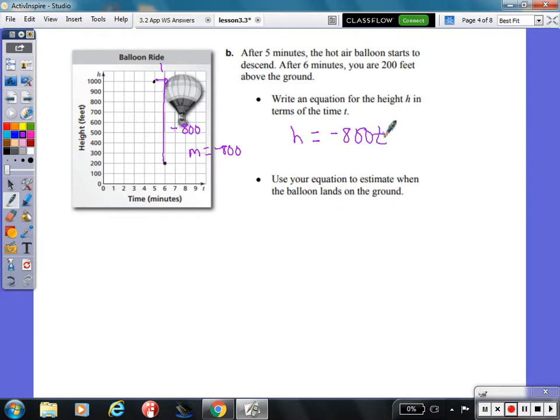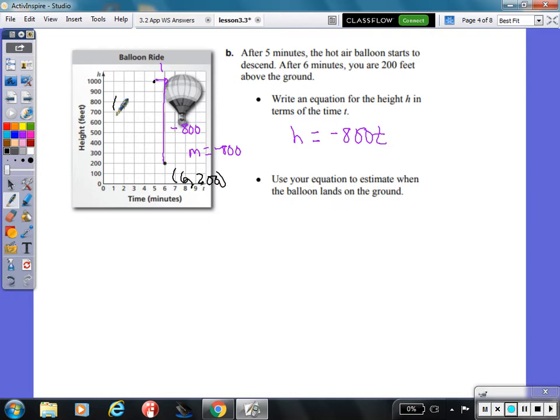But we don't have our b, and we definitely don't have room to count up 800 and over 1 and keep counting from there. So instead, let's use one of those ordered pairs that's on our graph. And it doesn't matter which one you use. We can use the one that we started with, which was the 6, 200.